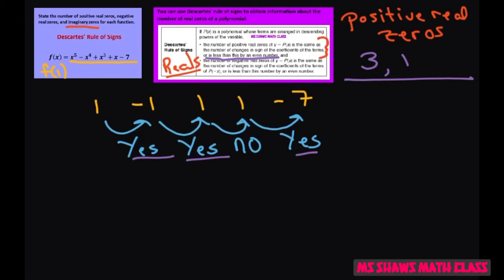Now for negative real zeros, you do the same thing basically, but instead of evaluating f of 1, you evaluate f of negative 1. And basically what you're doing is the sign is going to change for your odd powers. If you have negative 1 cubed, that's going to be negative 1.